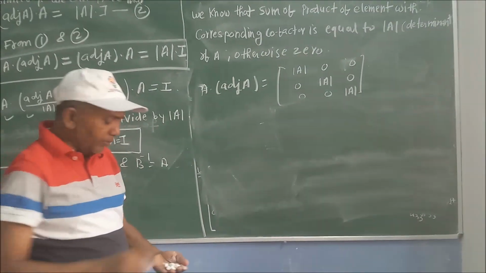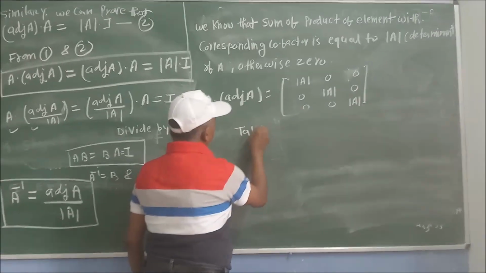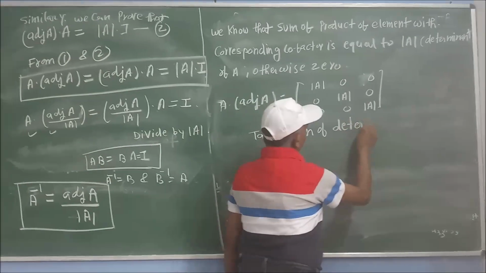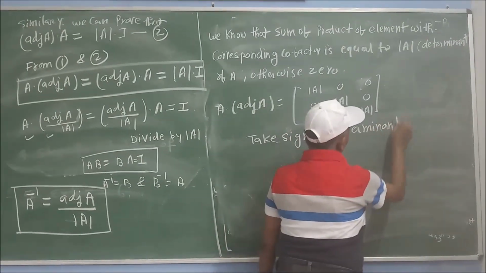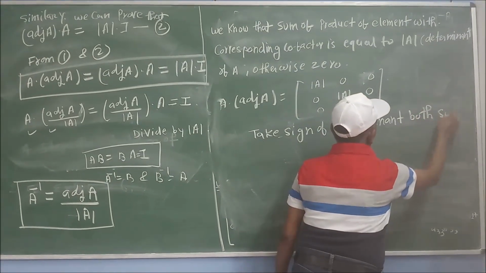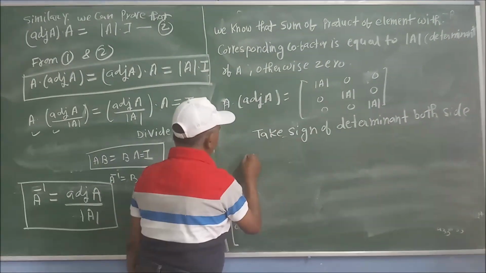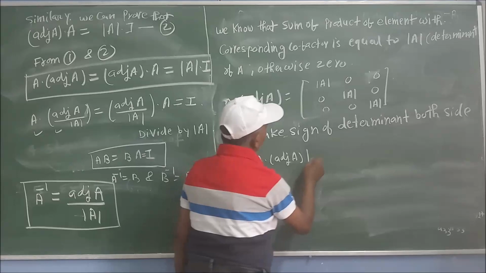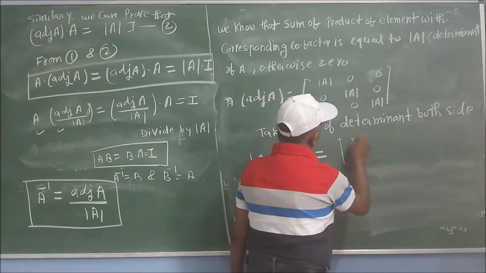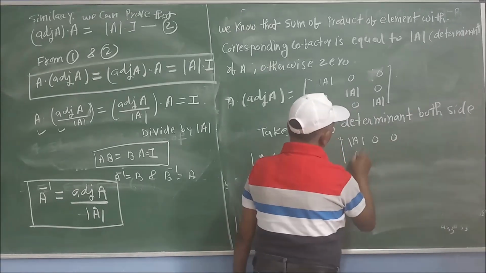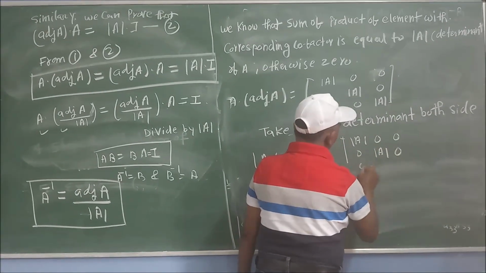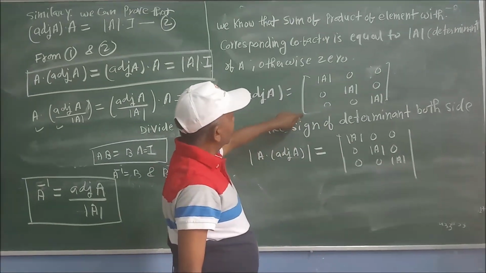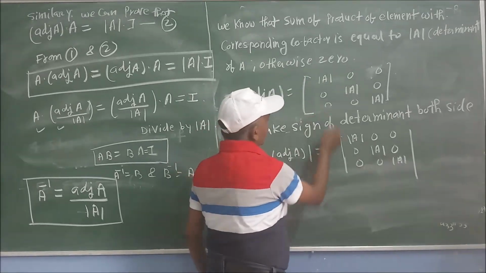If we take the determinant sign on both sides, what happens? This can be written as determinant of A into adjoint A is equal to determinant of the matrix with determinant of A, 0, 0, 0, determinant of A, 0, 0, 0, determinant of A. So see here what I have done. I have converted this notation of matrices into determinants.